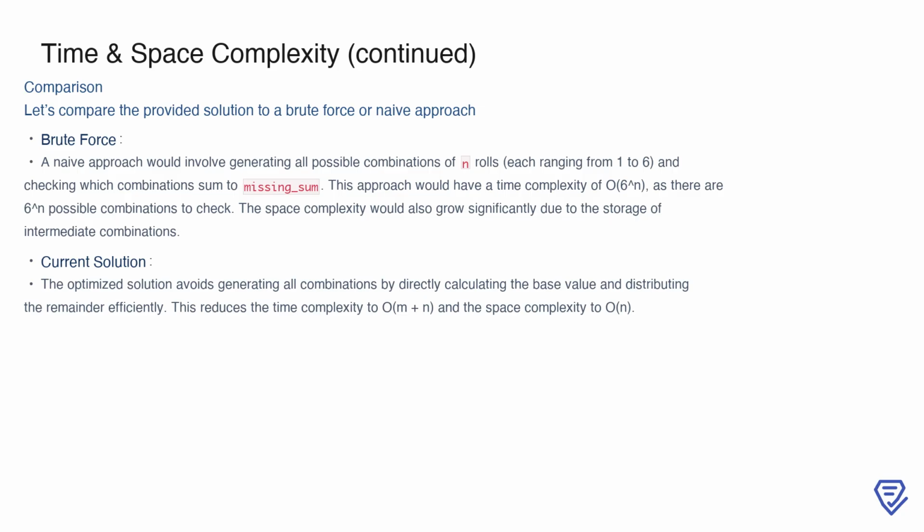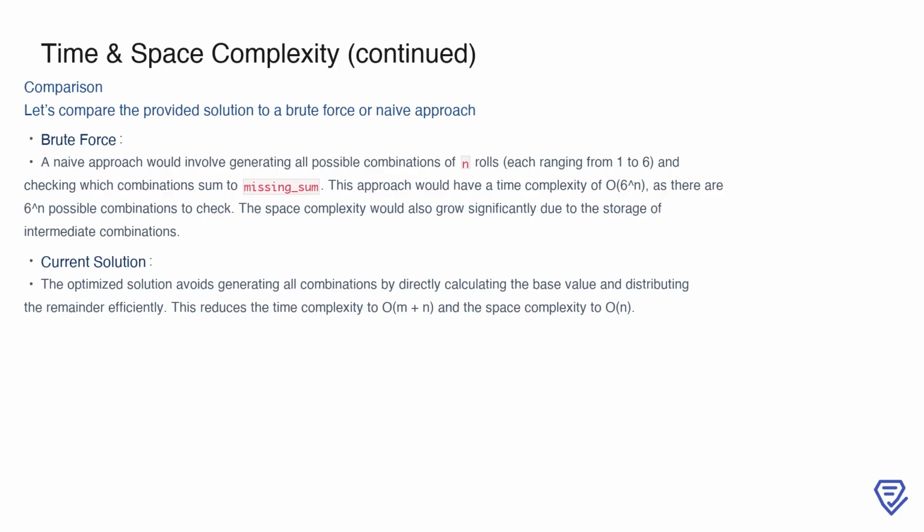Let's compare this optimized solution with a brute force approach. A naive method would generate all possible combinations of n roles, each ranging from 1 to 6, and check which combinations sum up to missing_sum. This would result in a time complexity of 6 to the power of n, as there are 6 to the power of n possible combinations, and the space complexity would also grow significantly due to the need to store these combinations.